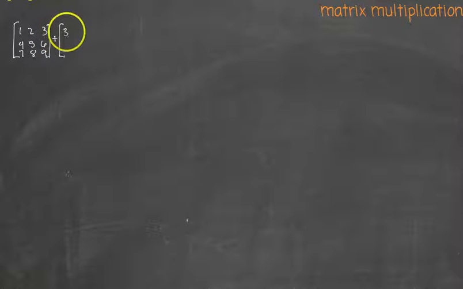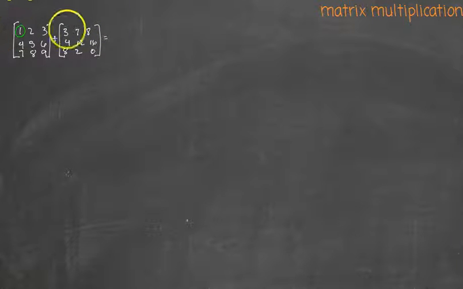So if I have two matrices, for example, 1, 2, 3, 4, 5, 6, 7, 8, 9, and I want to add to that 3, 7, 8, 4, 12, 16, 8, 2, and 0, then all I do is element by element addition.